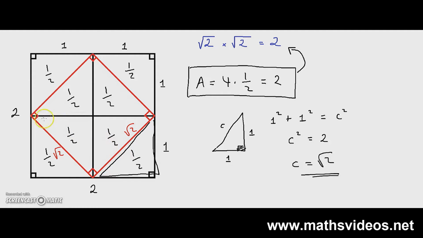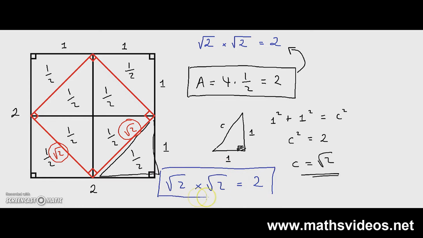Now, to find the area of this box over here in red, we'd have to multiply the square root of 2 by the square root of 2. Length times height, right? And we already know that the area of this box is 2. Therefore, we can say that the square root of 2 multiplied by the square root of 2 is equal to 2. And we've proven that this is the case.